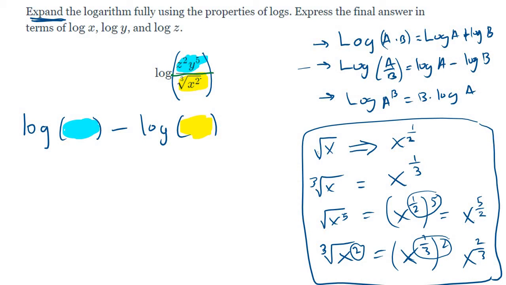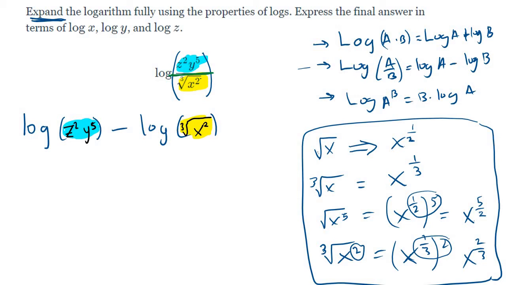So once you're able to break it into two big logarithms like that, it's going to be z squared and y to the 5th, and then this will be the cube root of x squared.